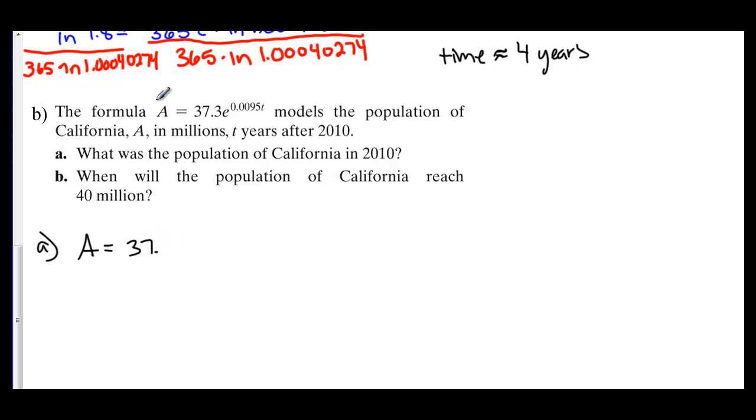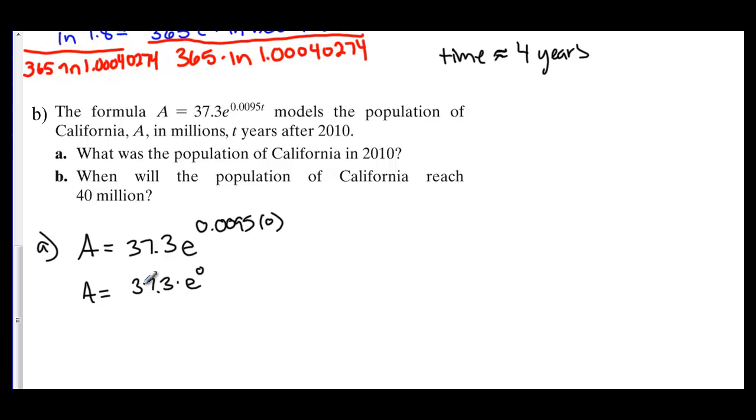So we're going to have A, our final amount, equals 37.3 e to the 0.0095 times 0 power. Well, we can simplify that. That's going to be 37.3 times e to the 0. e to the 0 is going to be 1, because remember, any number besides 0 to the 0 power is the same as 1.